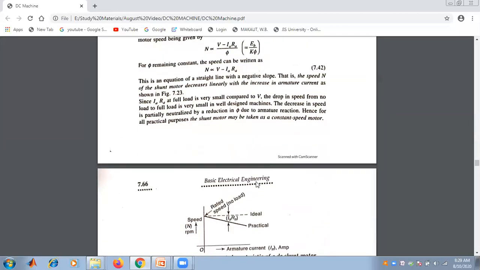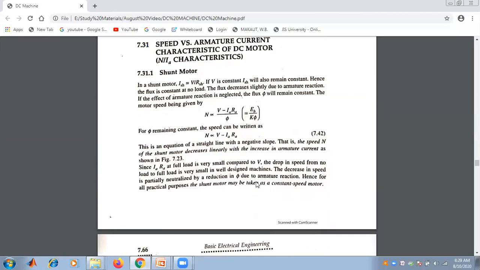The main focus that we have covered today is on the different characteristics: first, the torque current characteristics of DC machines, followed by speed versus armature current characteristics, then followed by speed torque characteristics of DC machines or DC motors.